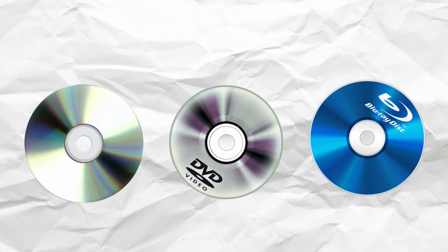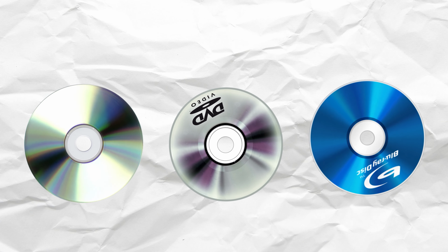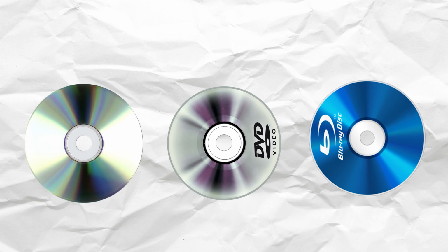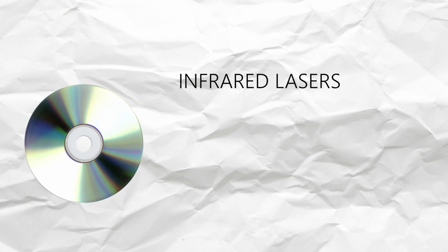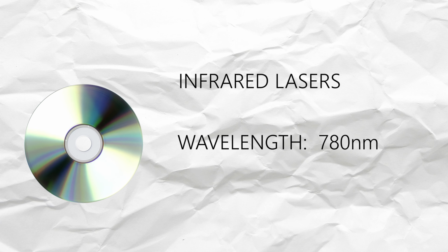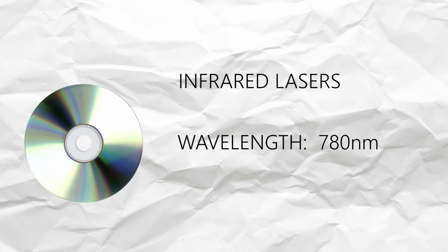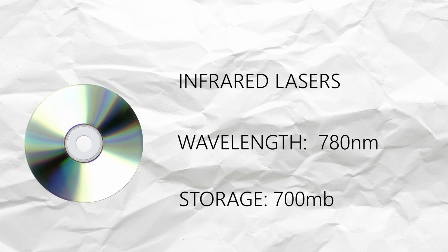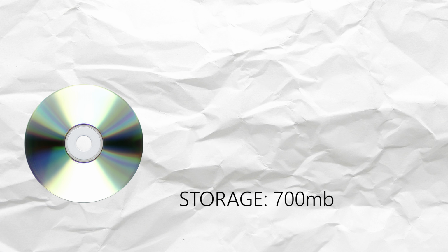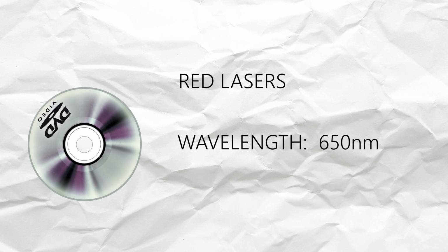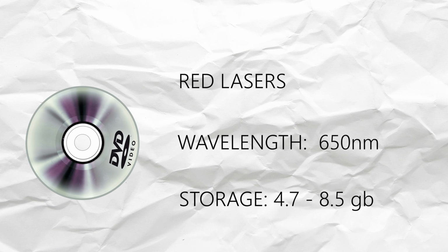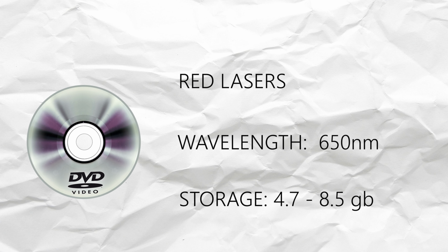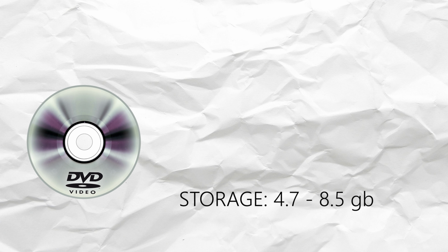Different types of optical discs use different laser wavelengths, which directly affect their storage capacity. CDs use infrared lasers with a wavelength of 780 nanometers and typically hold 700 megabytes of data. DVDs use red lasers with a wavelength of 650 nanometers and can store 4.7 to 8.5 gigabytes.